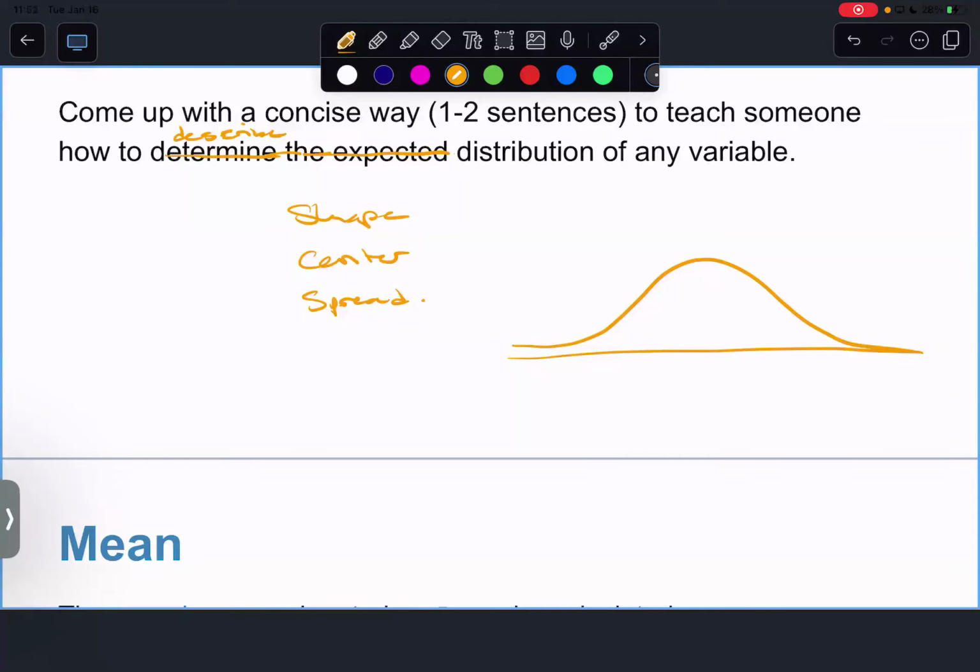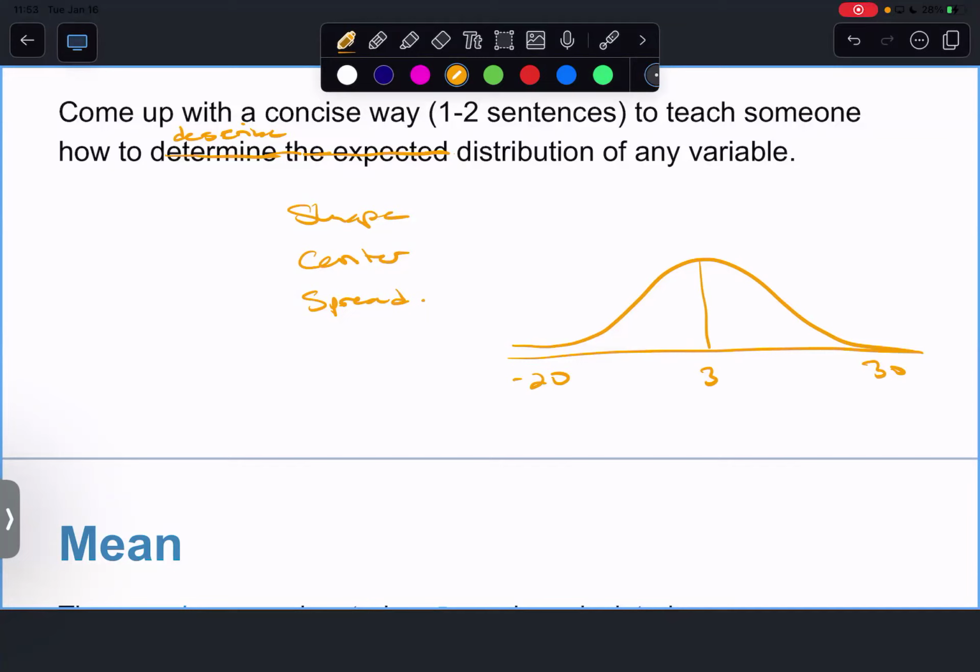Centered on 3. Somewhere between, well, I guess I should have said something that made more sense for symmetry. Let's say -20 and 30. I'll bump it out a little bit. Okay.